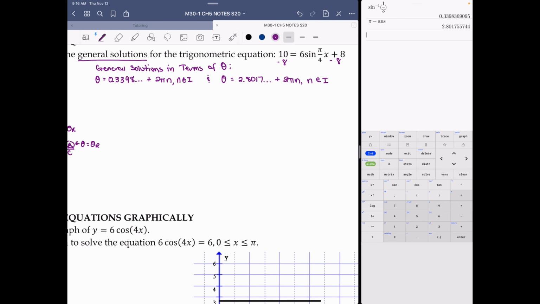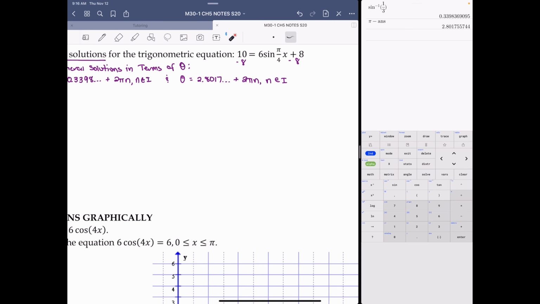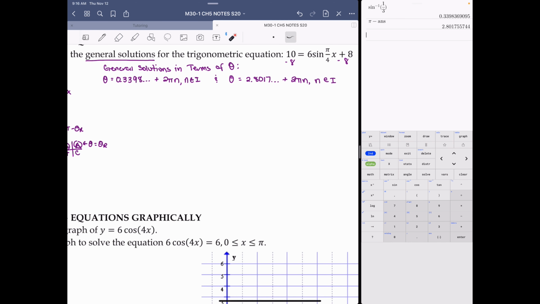But remember that our question didn't have theta. Our question had pi over 4x, and we said let's call that theta. So now we need to change that back to pi over 4x. Theta equals pi over 4x.